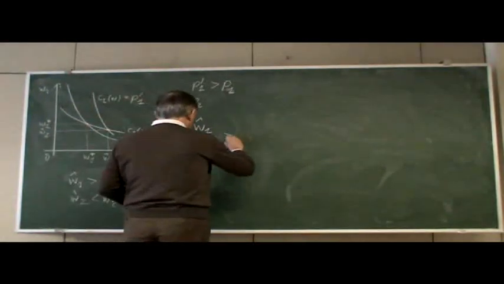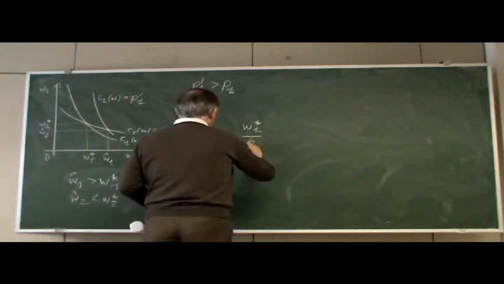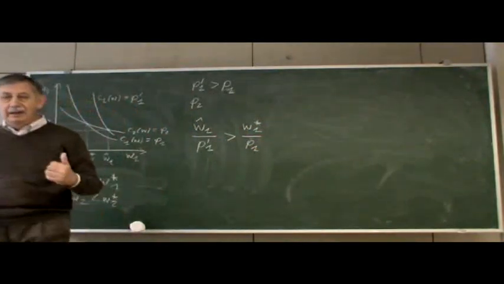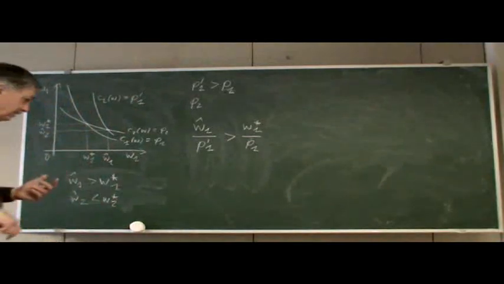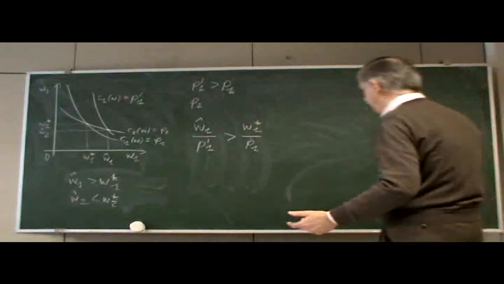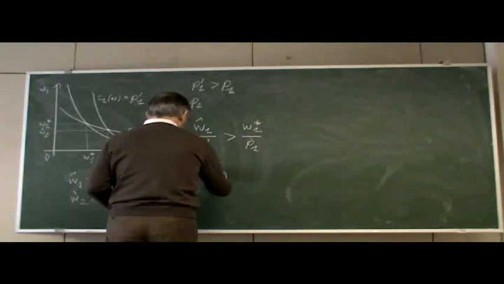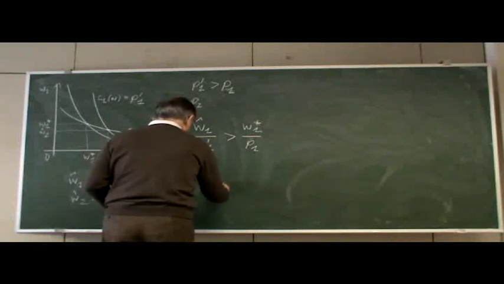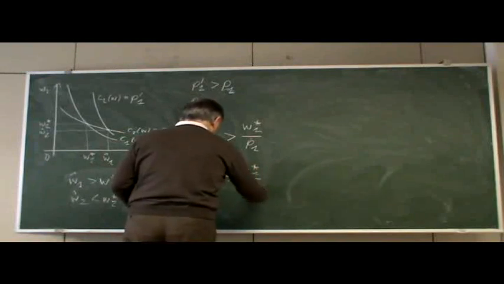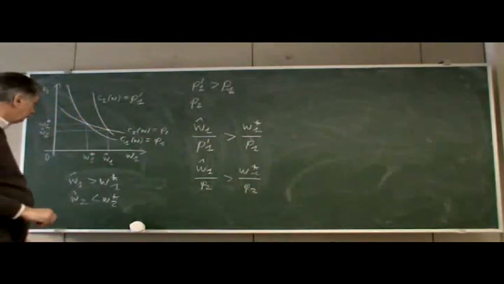And the stronger theorem tells us that this inequality holds. The quantity of good one that I can buy by means of one unit of labor increases as well. Clearly, the same thing holds for good two, because the price of good two remains unchanged. So you have also this inequality. Is it clear?